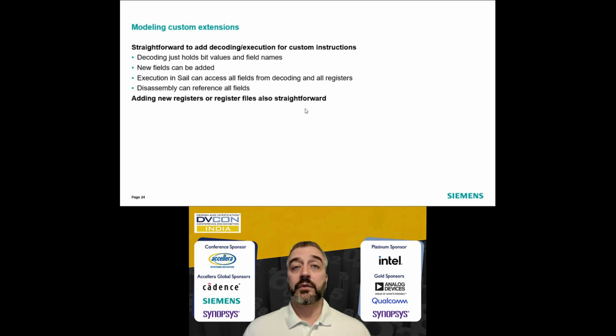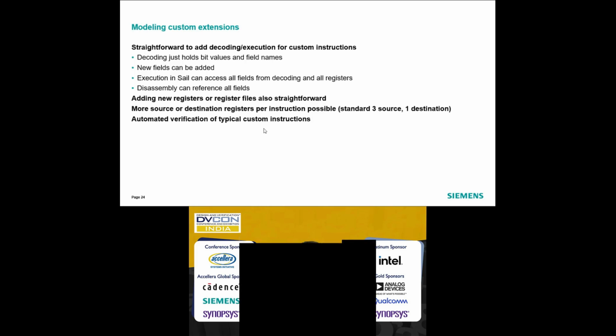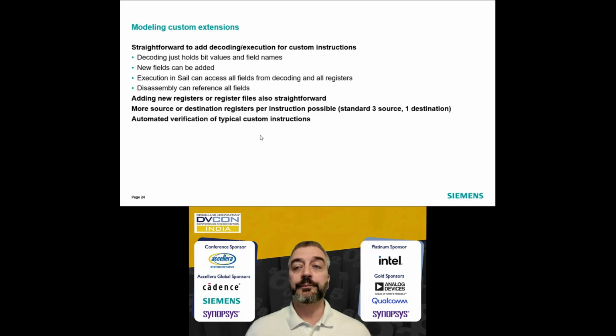Want to add new registers or register files? I mean, single entry, it's really straightforward. Similarly, if you need more source or destination registers than in standard RISC-V, just number them and be done with it. Which means that for the typical set of custom instructions, you can really get a highly automated verification out of this.